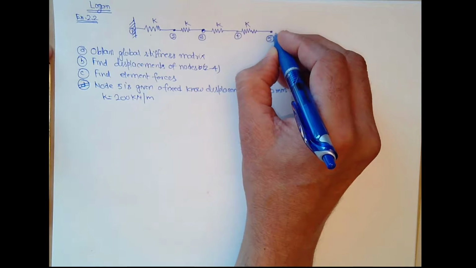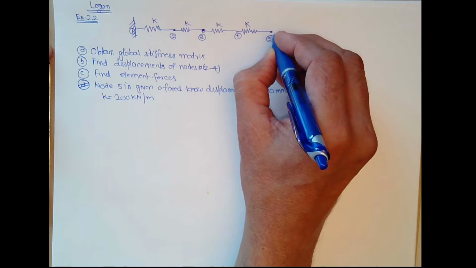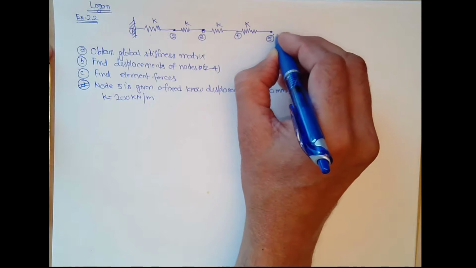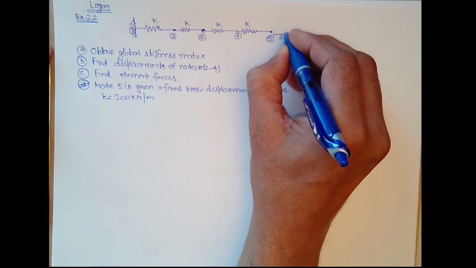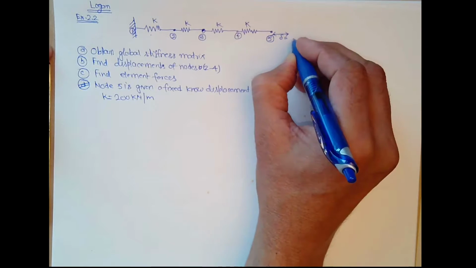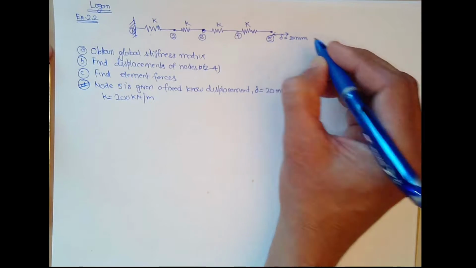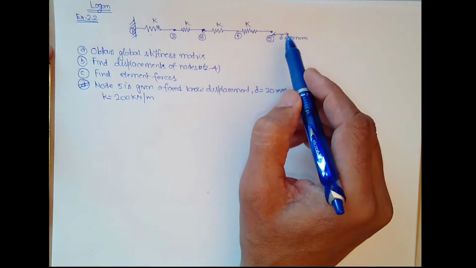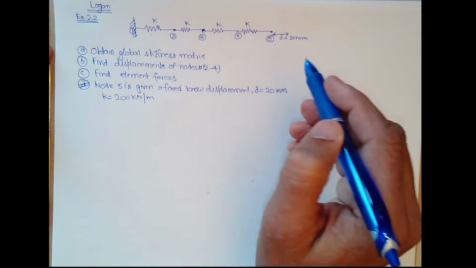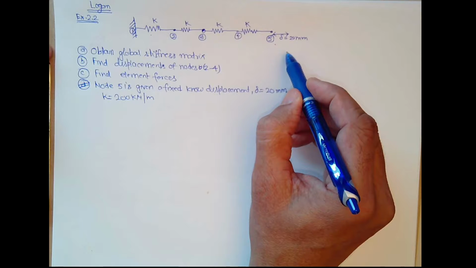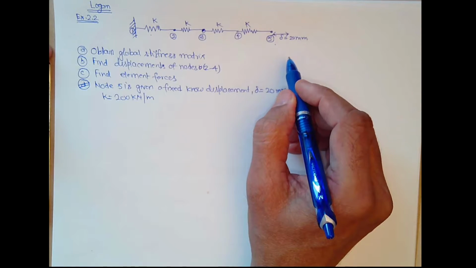Means this delta is known to be 20 mm. So this sort of boundary condition where displacement is non-zero is called a non-homogeneous boundary condition. This is an example of non-homogeneous boundary conditions. Okay.